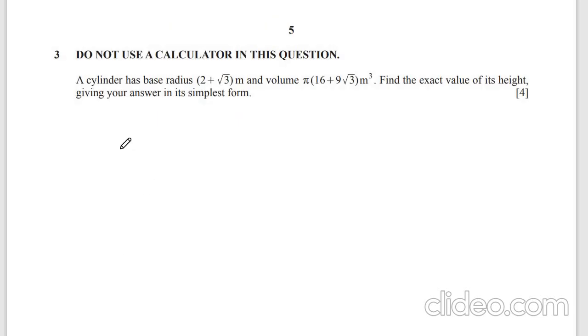Now here's the next question, and we need to find the height. Now the volume has been given. And the volume is pi r squared h.